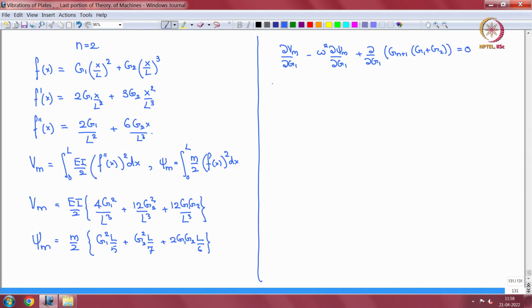Okay, so del Vm by del G1 is what? Is equal to EI by 2 into 8 G1 by L cube plus 12 G2 by L cube.